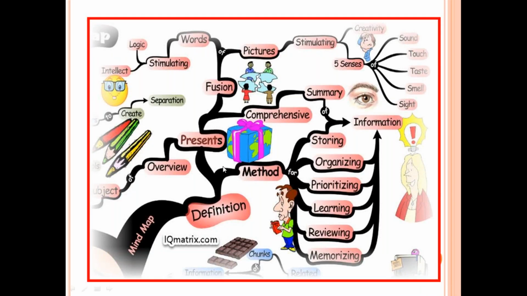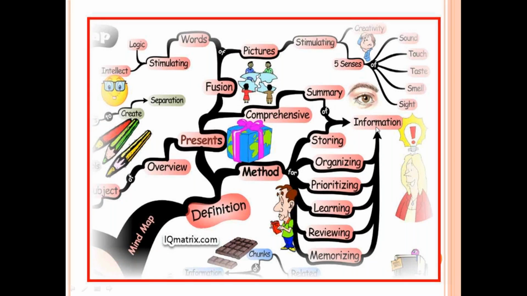Can you see this particular diagram? It says that a mind map is a method for storing and organizing information. You can set priority for the information, learn it, review it, and memorize it. It is a method for storing and summarizing information, and it presents a comprehensive summary.